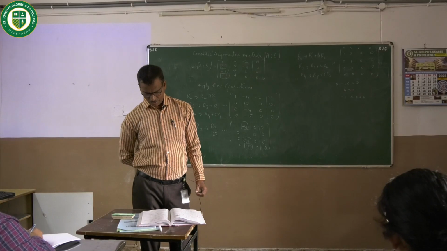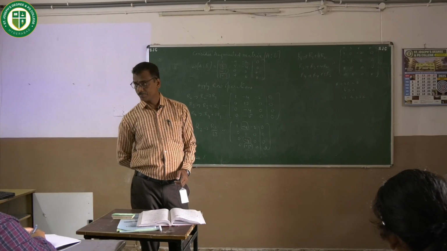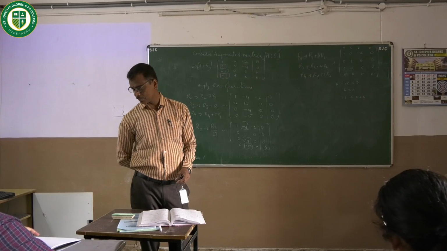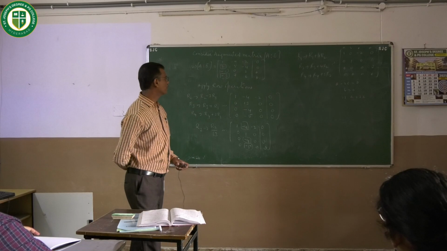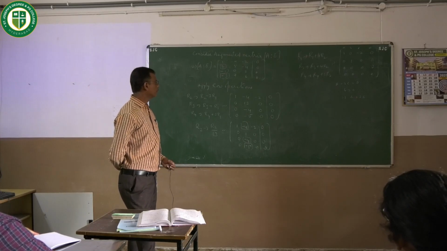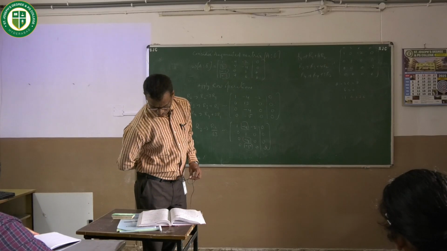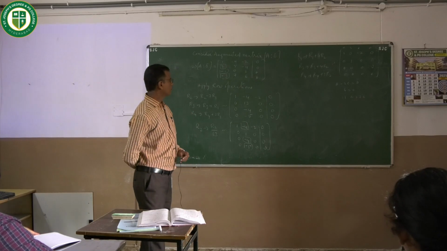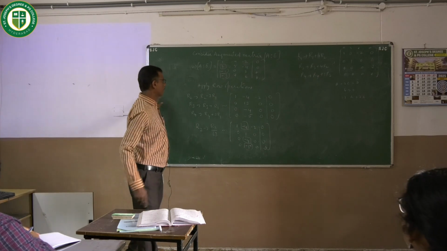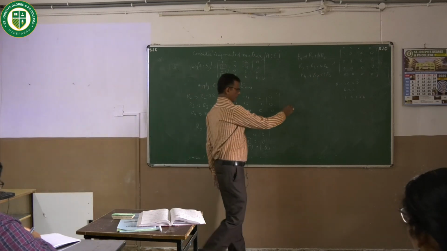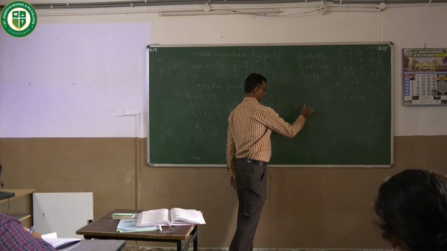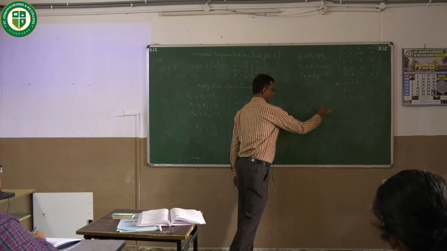Further, V3 bar is equal to minus 2 into V1. If you take a minus 2 common, please observe this. That is, V3 bar is equal to minus 2 into V1 bar.